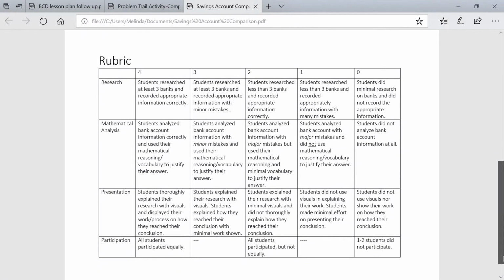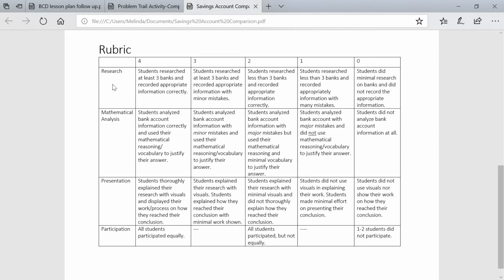And here is the rubric. So I have the rubric based on, they will be graded based on their research, how well are they researching and getting all the information, the mathematical analysis, presentation, are all students presenting and using visuals and displaying their work in process on how they reach their conclusion. There does need to be a conclusion on which of the 3 banks they think is best for them.